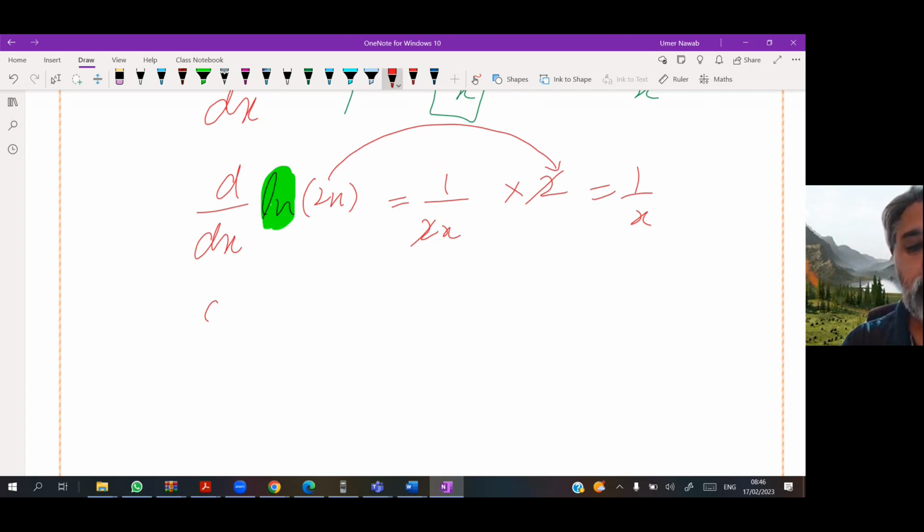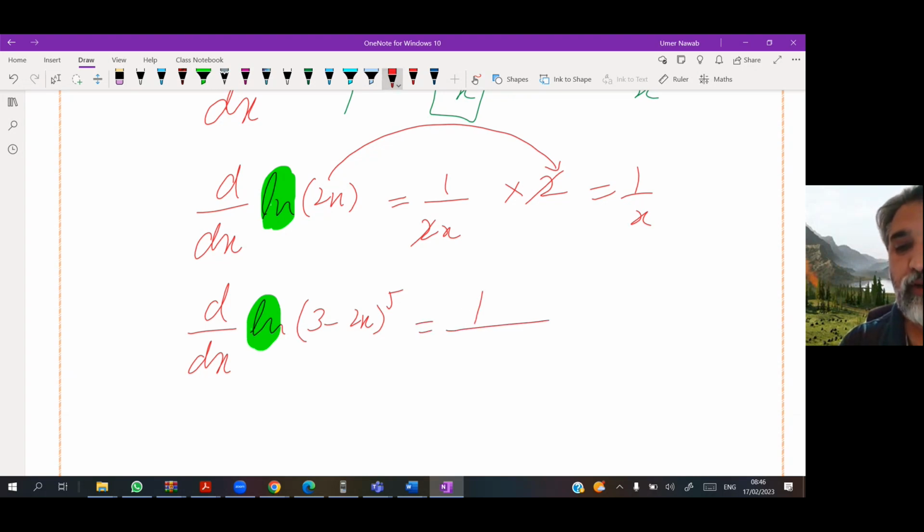Sometimes the examiner gives you a question like that: ln of (3 minus 2x) raised to power 5. Now don't try to take the derivative and don't try to write it like this, 1 over (3 minus 2x) raised to the power 5. No. Just go back and think. ln has a very special property. What is that property?